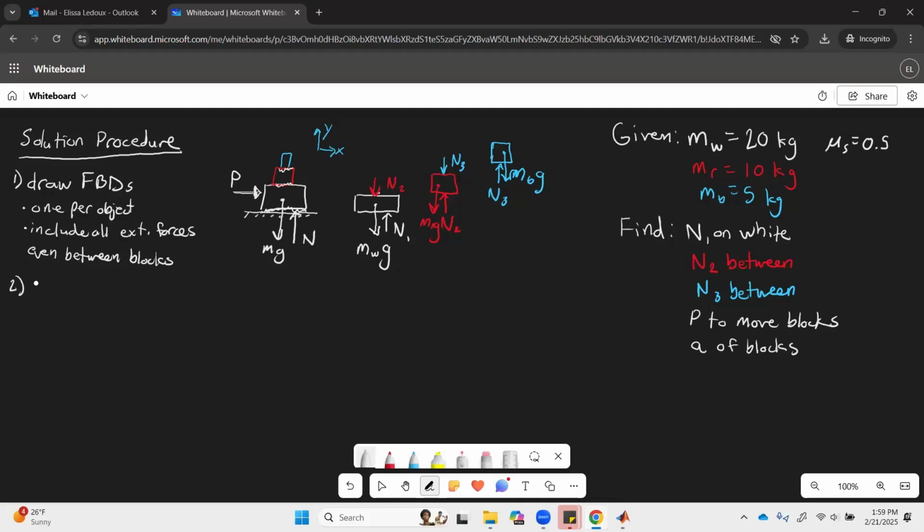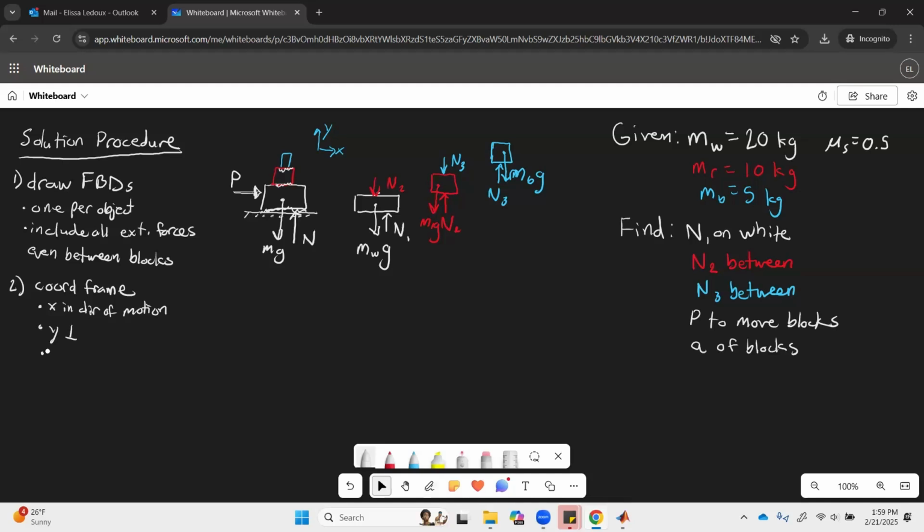So step 2 is assign a coordinate frame. If you have a rope going on, X needs to follow the rope. So we'll say X in the direction of motion, Y perpendicular.